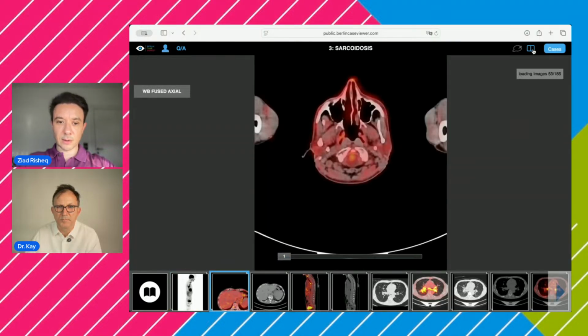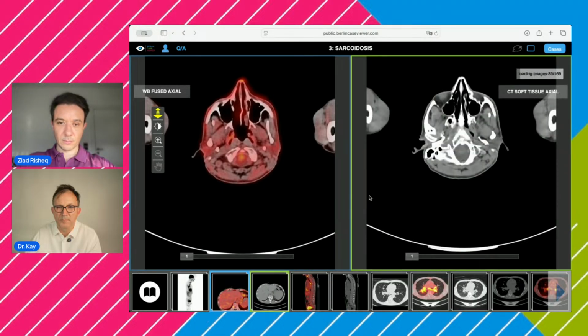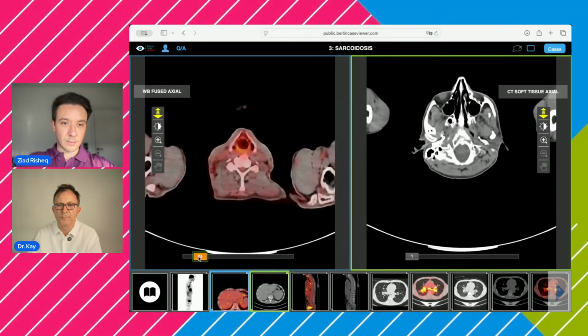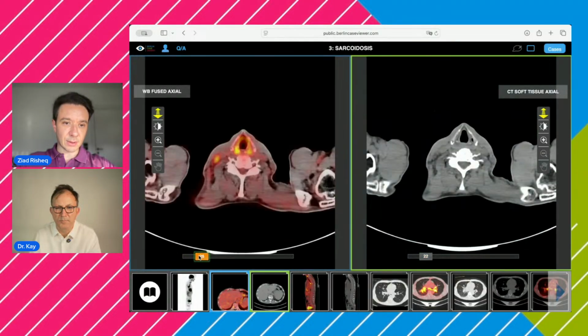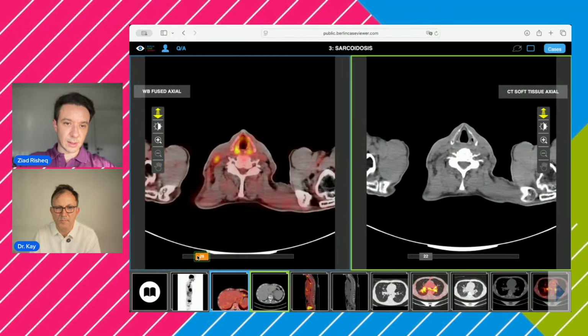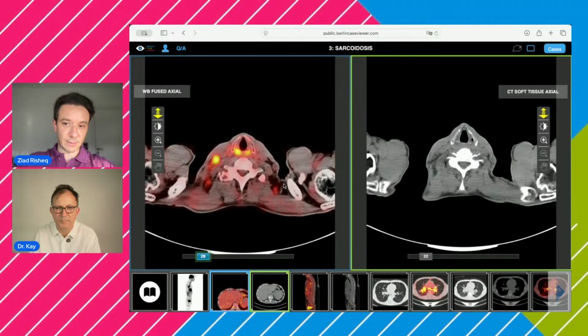We're going to start with the axial. We have bilateral cervical lymph nodes. You can see here we have a lymph node in level 3, and these are in level 5.